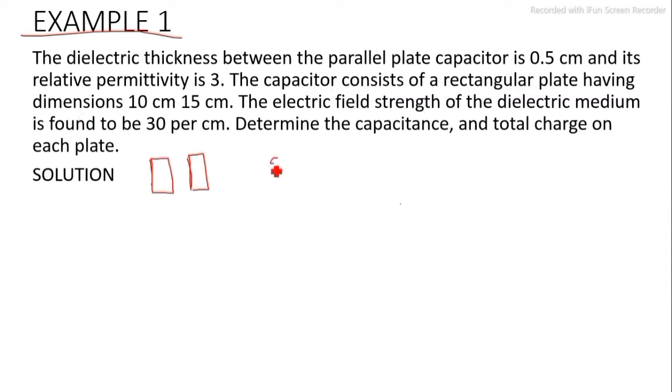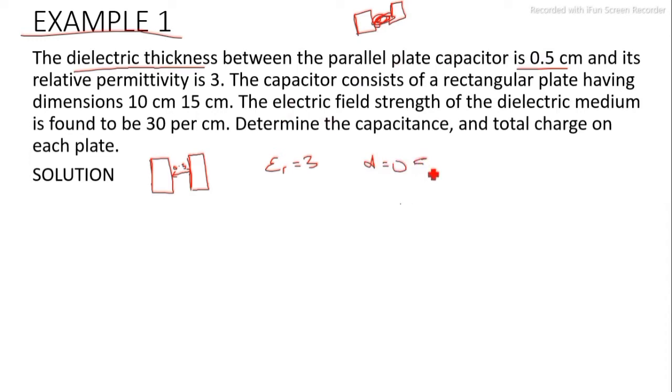So epsilon R, the relative permeability, is 3. The distance between the plates is 0.5, because we are told that the thickness of the dielectric material is 0.5, and the dielectric material is between the parallel plates. That means the distance D is what?